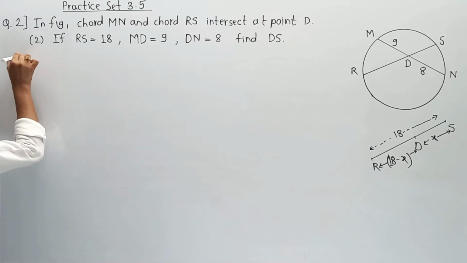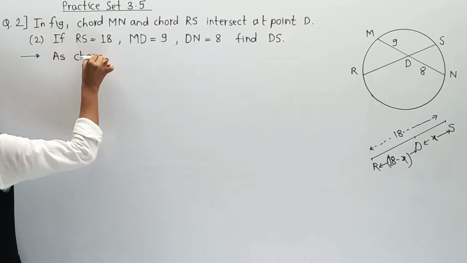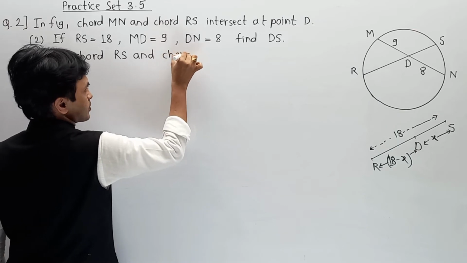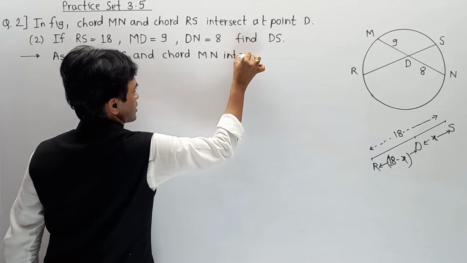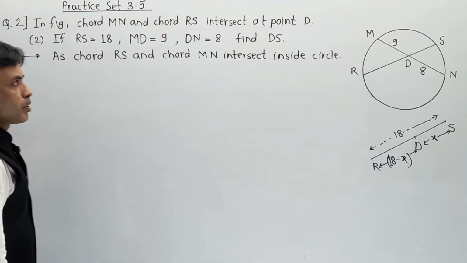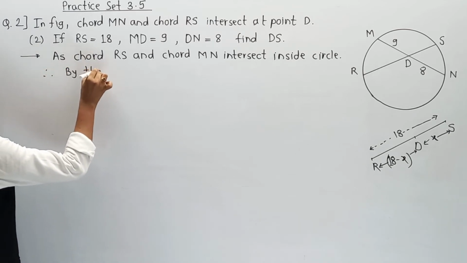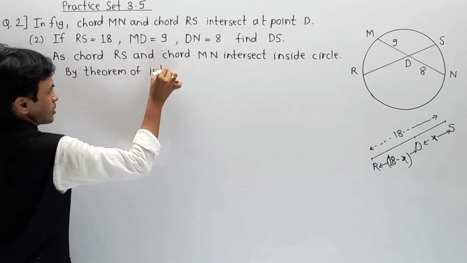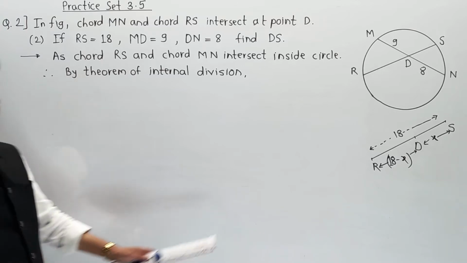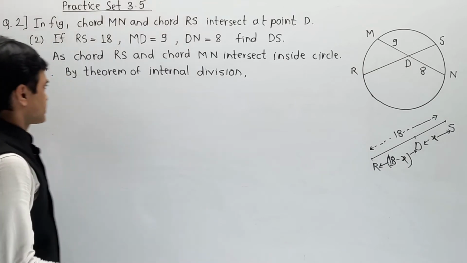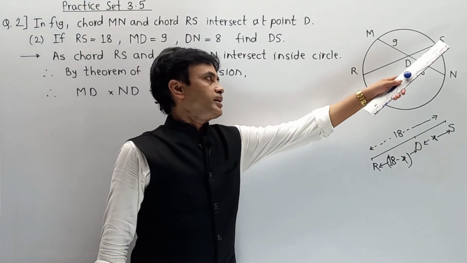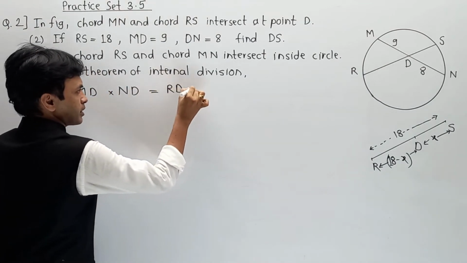So, starting from that part, as chord RS and chord MN intersect inside the circle, therefore by the theorem of internal intersection, by internal division, we have MD into ND is equal to RD into SD.